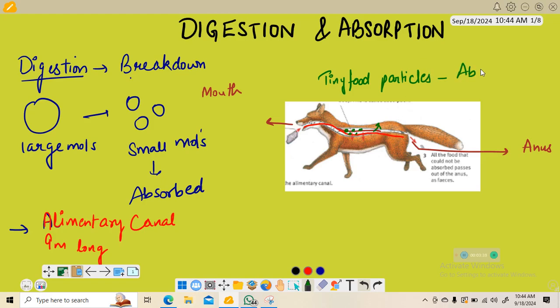They will enter all our cells, all our tissues. That is how tiny food particles will be absorbed, and this is called absorption.